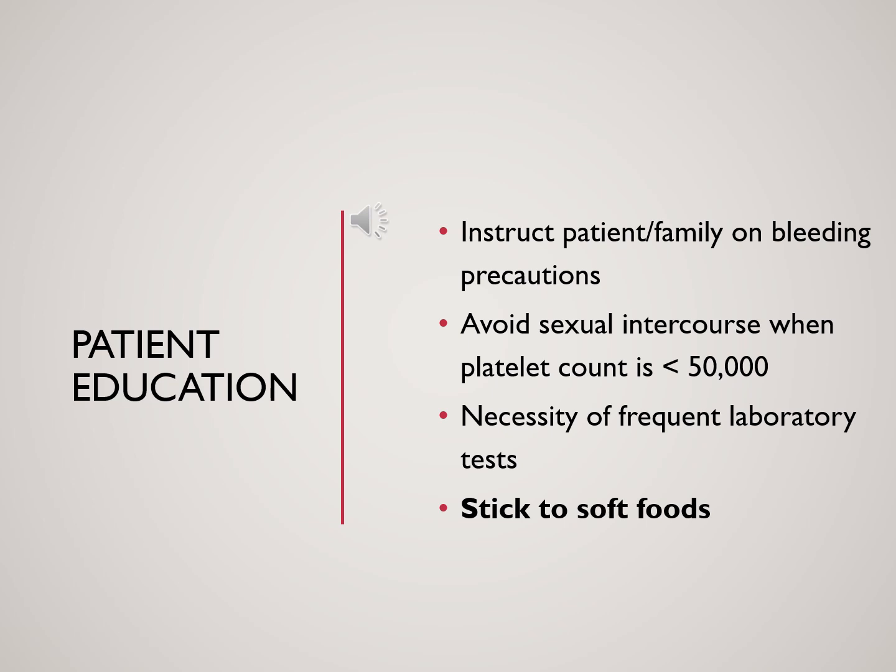We want to instruct the patient to avoid sexual intercourse when the platelet count is less than 50,000. Sexual intercourse during periods of extreme thrombocytopenia can tear mucous membranes of the vagina or rectum, causing hemorrhage. We are going to have frequent testing just to monitor the thrombocytopenia, and the goal of patient care is really to prevent hemorrhage.